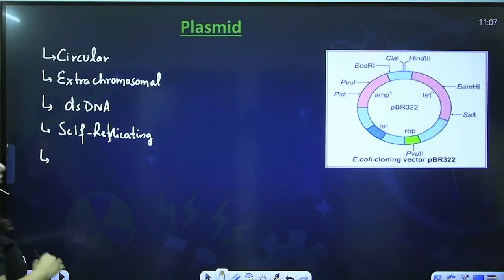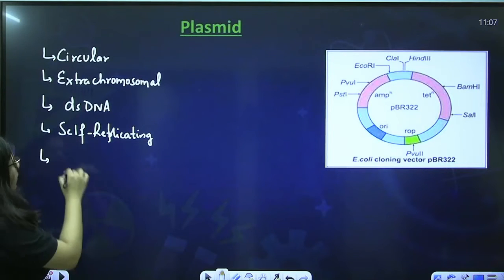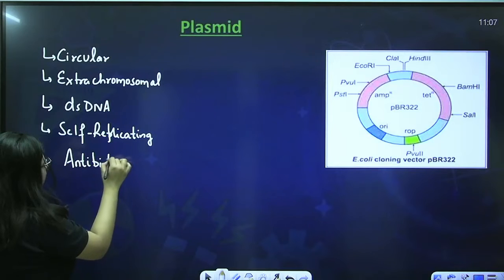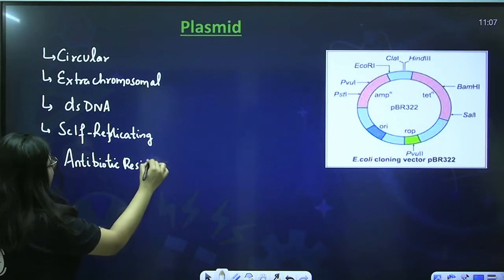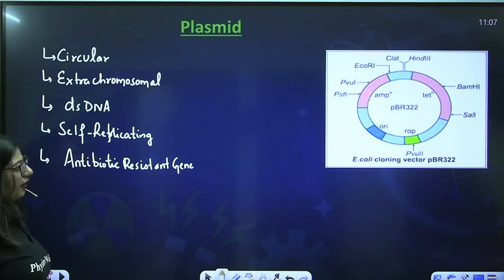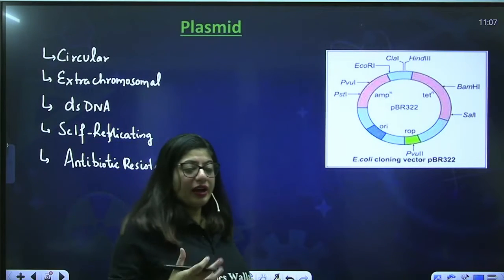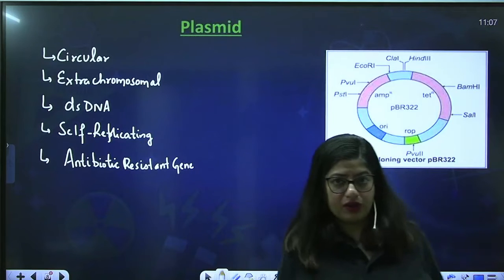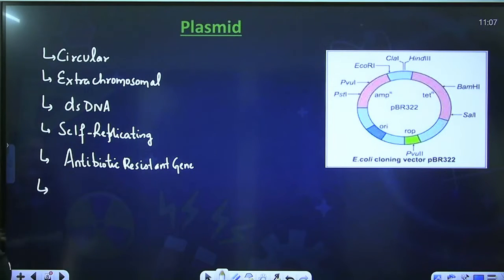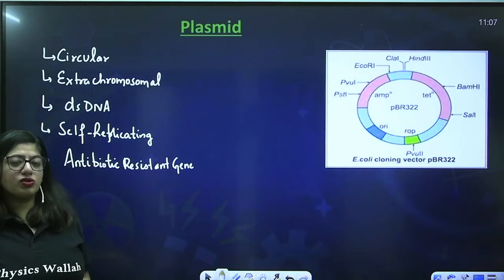And they naturally also have antibiotic resistance genes. So it's a good deal for us. If they have an antibiotic resistance gene, they are a kind of selectable marker, and they can help us in identifying the transformants and non-transformants. Apart from that, these are self-replicating, they can replicate on their own, so it's also good for us.